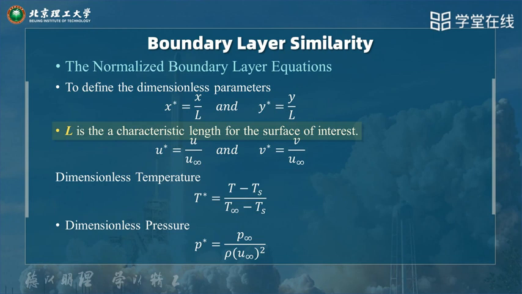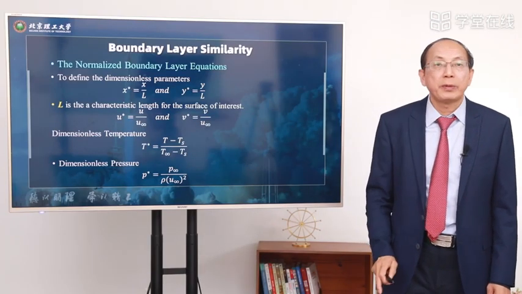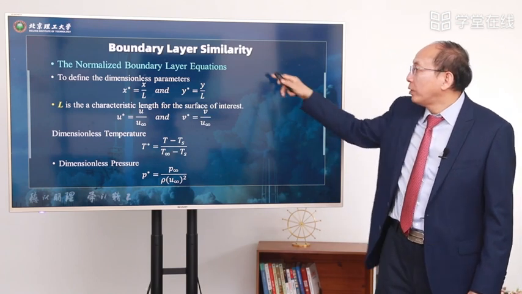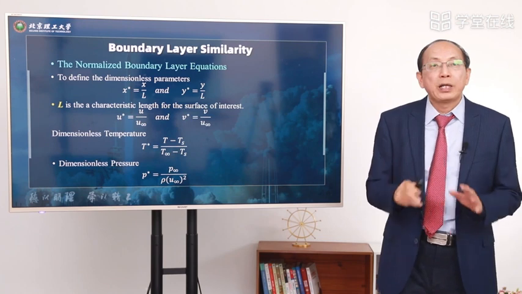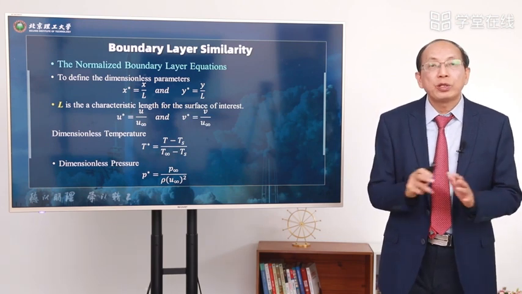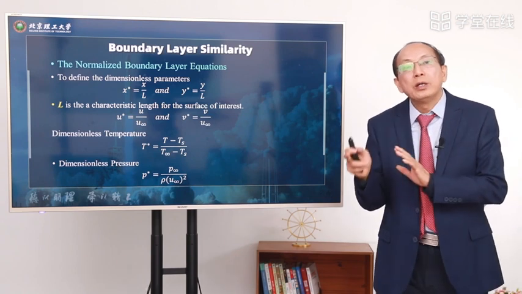In the same way, we can define u star equals u over u infinity, and v star equals v over u infinity, becoming dimensionless. The last one is the dimensionless pressure, p star equals p over rho u infinity squared. No dimension. So we give these definitions, and the parameters become dimensionless.